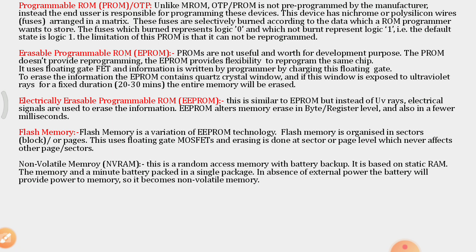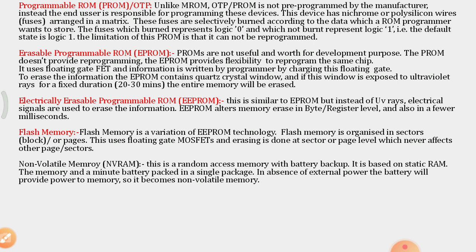Next, non-volatile memory, NVRAM. This is actually a RAM, but it is involved in the ROM category, because it is called non-volatile memory, and ROM is also called non-volatile memory. So non-volatile random access memory is a random access memory with a battery backup.